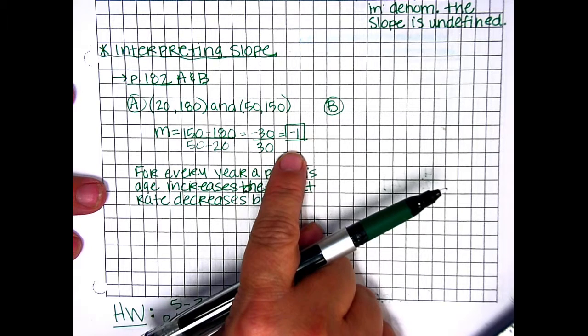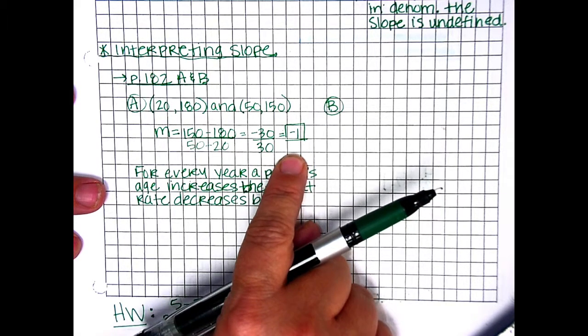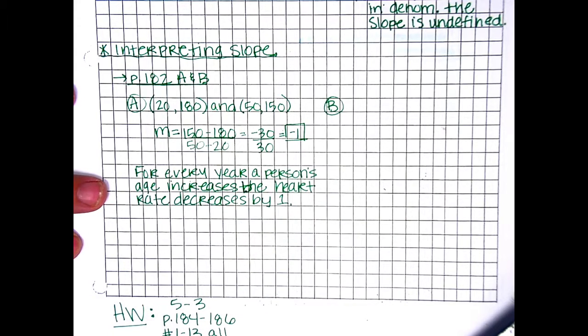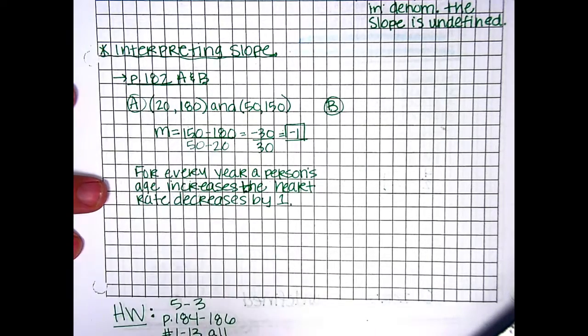Okay, rise over run on a whole number, it would be -1 over 1. So because the 1 on the bottom is positive, that's where we got every year a person's age increases, the heart rate's going to go down.